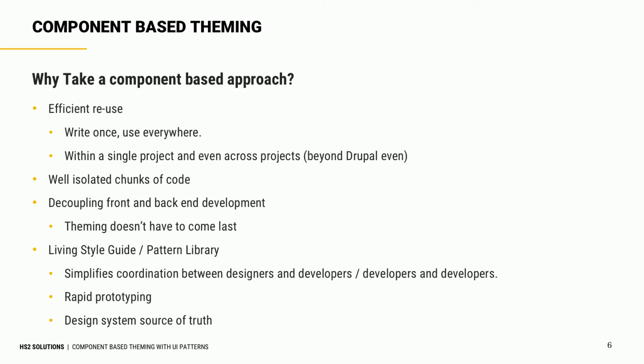And then there's the benefits of using a living style guide or a pattern library. That can simplify the coordination between different groups. So designers and developers, even developers and developers. A great place for prototyping, and as I mentioned, more and more these pattern libraries and design systems seem to be their own source of truth for a project.